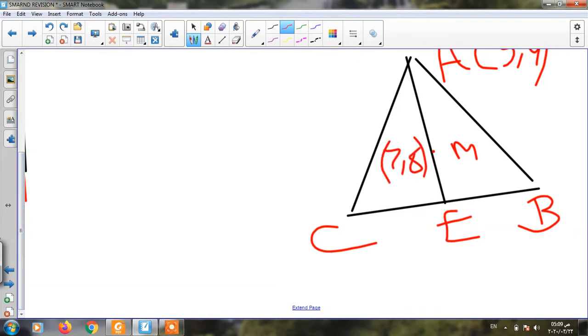Okay, look carefully here. If you remember, the point of intersection of medians divides the median in the ratio 1 to 2 from the base. So it's not vectors, it's going to be the lesson of point of division.